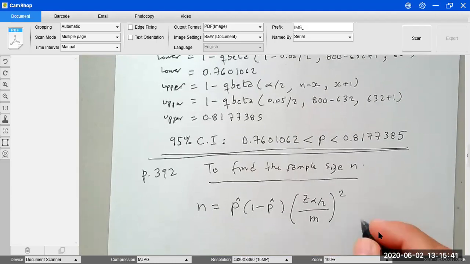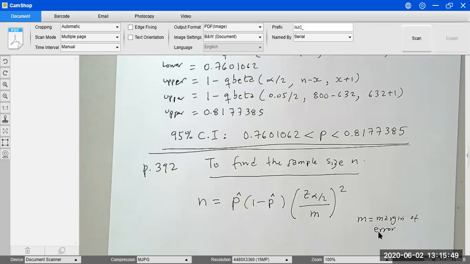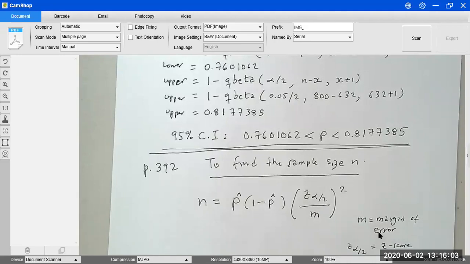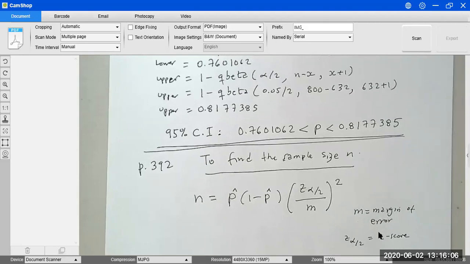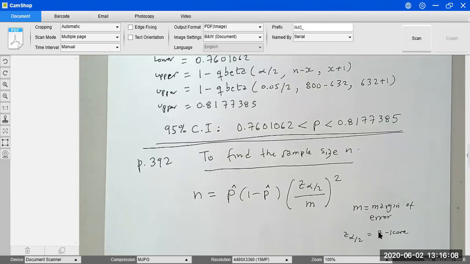And what is m? M is the margin of error that we want for our confidence interval. And what is z alpha over 2? It's just the z-score, the critical value corresponding to alpha over 2. So it's going to be related to the confidence level.